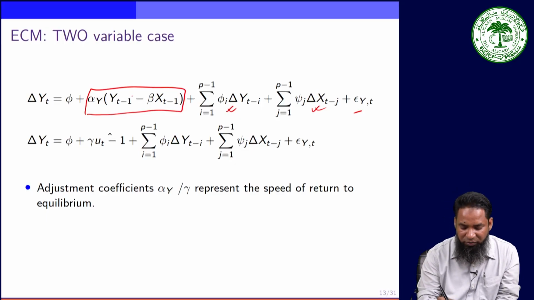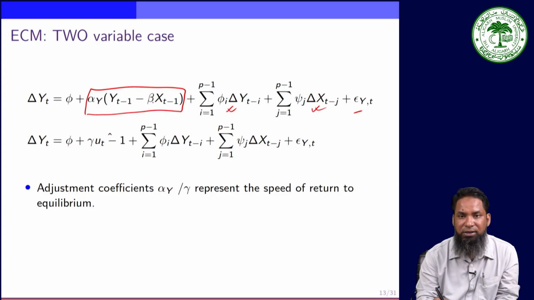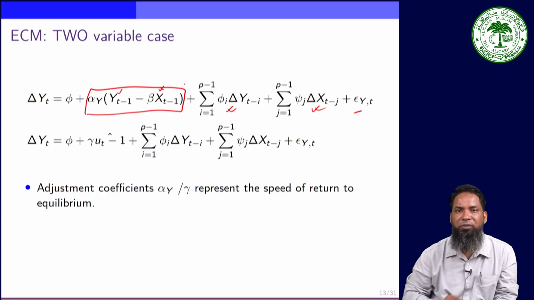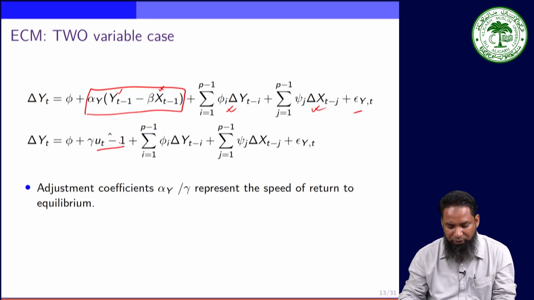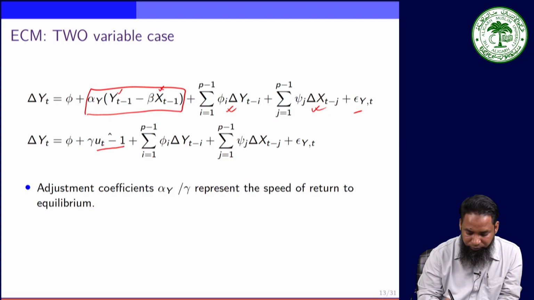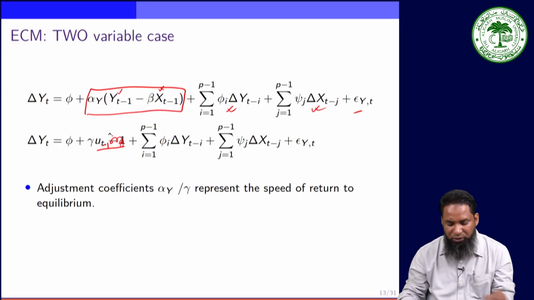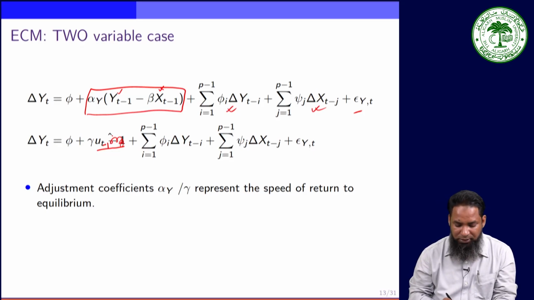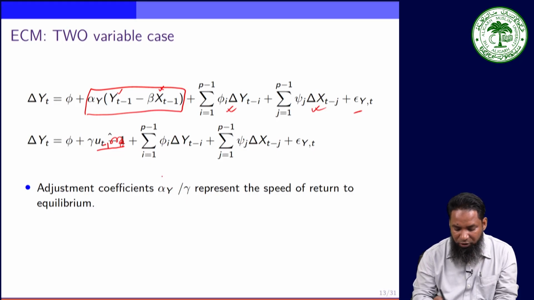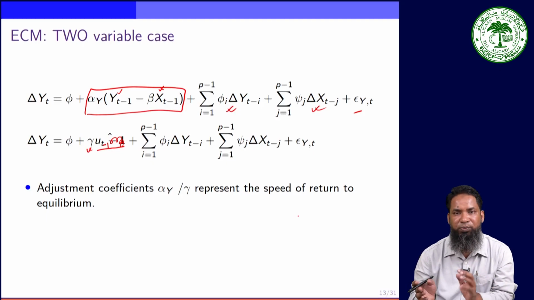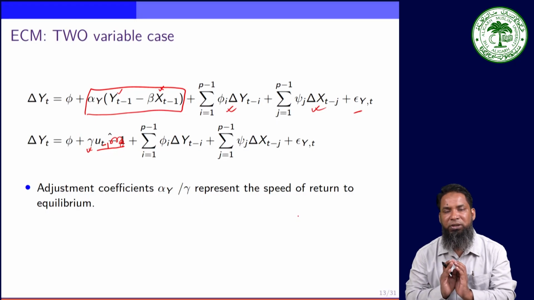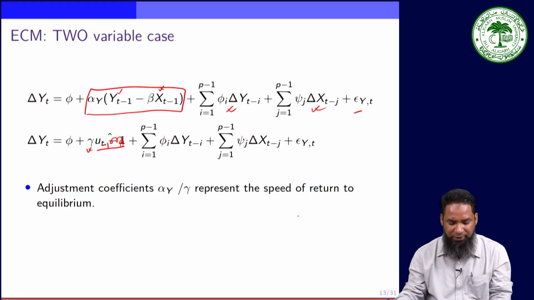If we have a vector of 1 and beta such that this combination of the non-stationary series yt and xt becomes stationary, which we may represent using this u hat t minus 1, then this adjustment coefficient alpha y, or this gamma, represents the speed of adjustment, the speed at which it is returning to the equilibrium relationship.